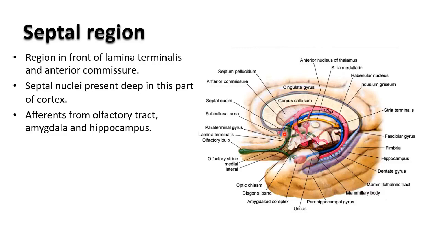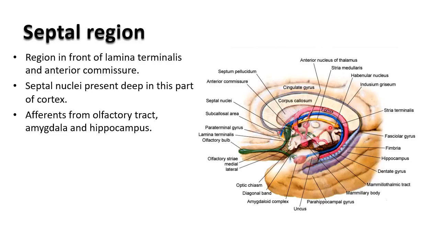Efferent connections from the septal nuclei mainly go to the habenular nuclei through the stria medullaris thalami. So this is your stria medullaris thalami, and this is your habenular nucleus.